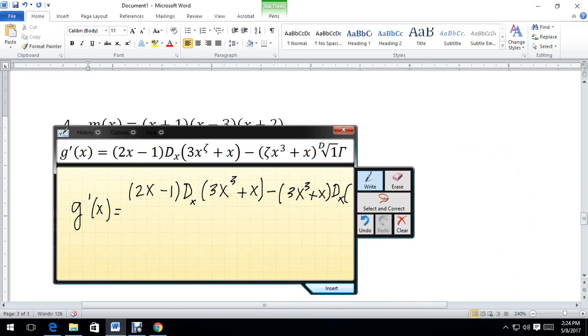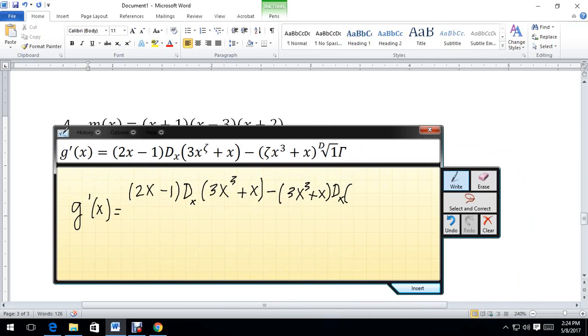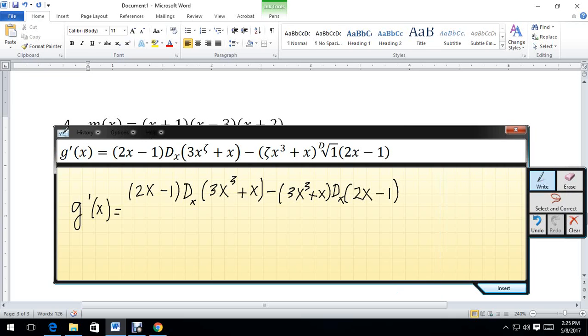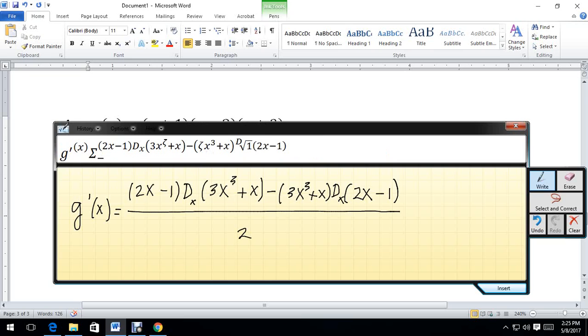The derivative of low is the derivative of 2x minus 1. Okay, so all over the square of low.